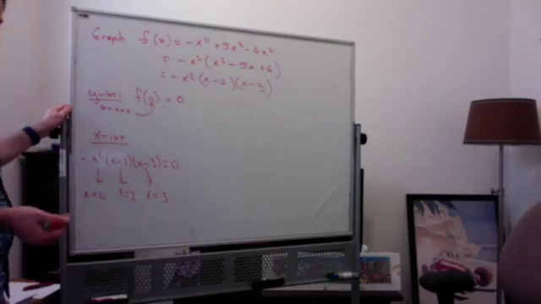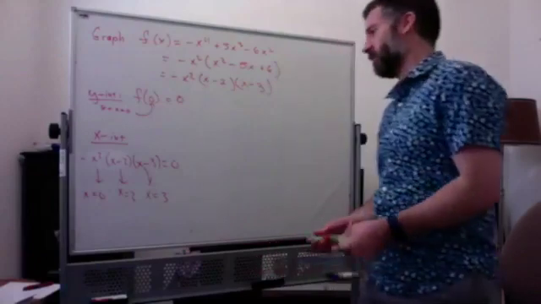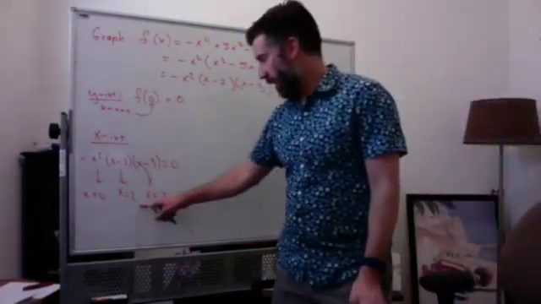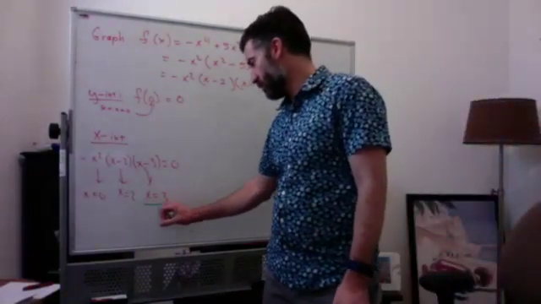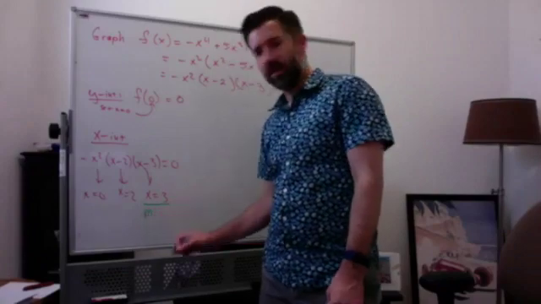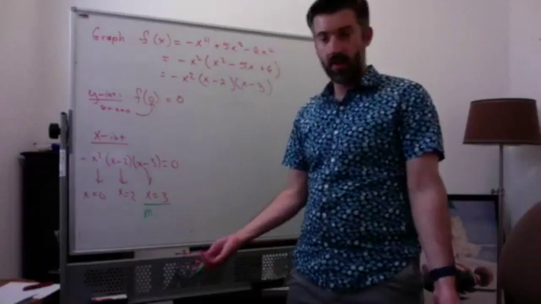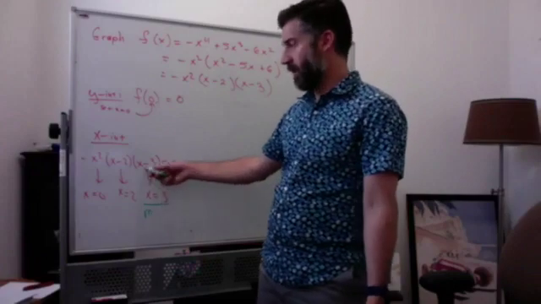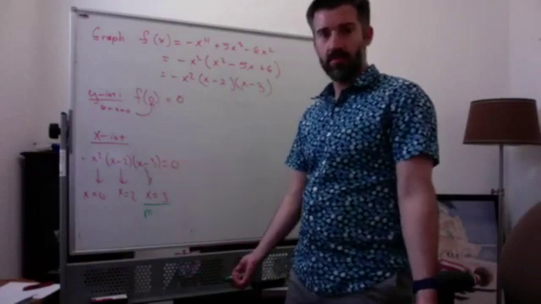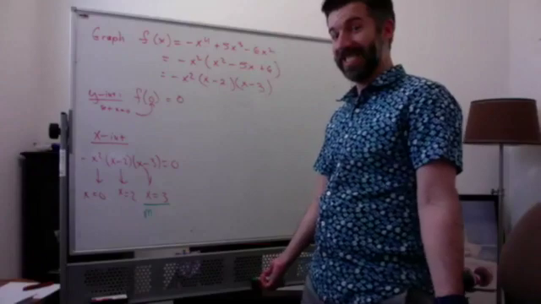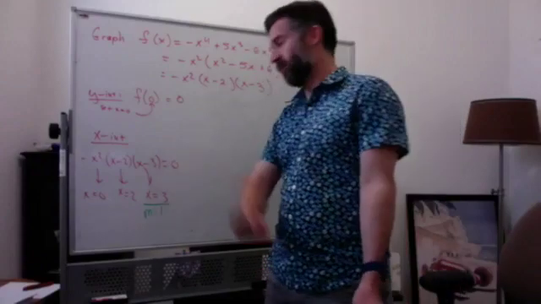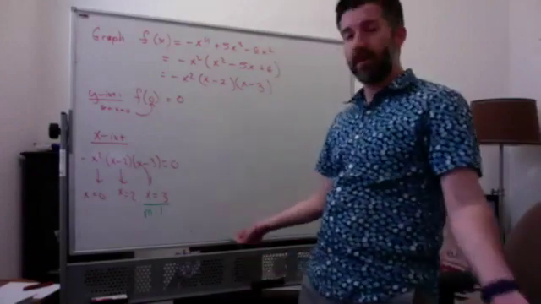All right, so let me ask you guys a question. You can either show me on your fingers, you can type it in the chat, you can say words. For x equal to 3, what's the multiplicity? What's the power that comes with the factor? Exactly. The multiplicity is 1. This is not meant to be a hard question.